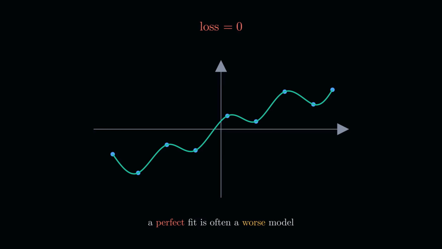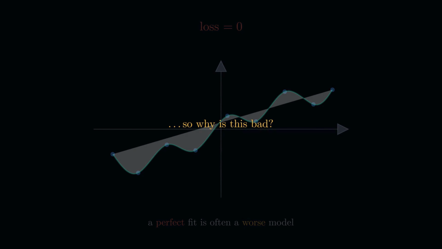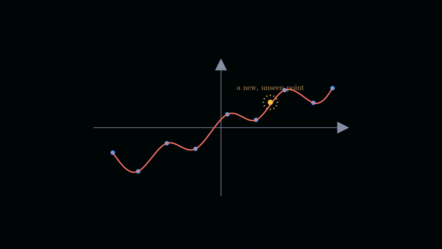A model that fits training examples perfectly is very often a worse model than one that doesn't. Now, why on earth would that be true? Here's why. The goal isn't to be right about houses whose prices we already know. That's pointless because we already have those answers. The whole purpose is to be right about a new house the AI has never seen.